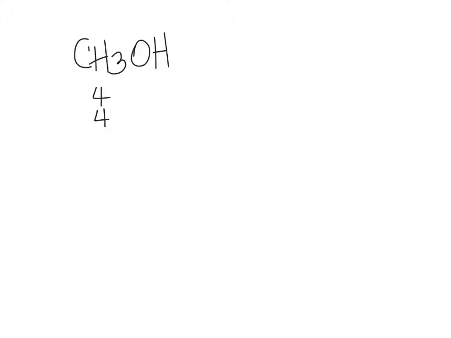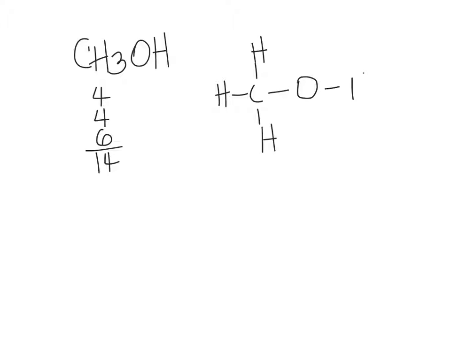Hydrogens bring 4. Oxygen brings 6. So we've got a total of 14. Carbon makes 4 bonds. Put on your 3 H's. CH3, then your O, and then your H.